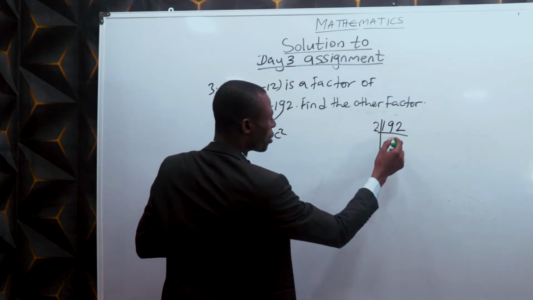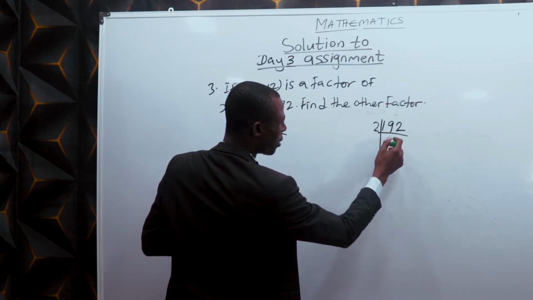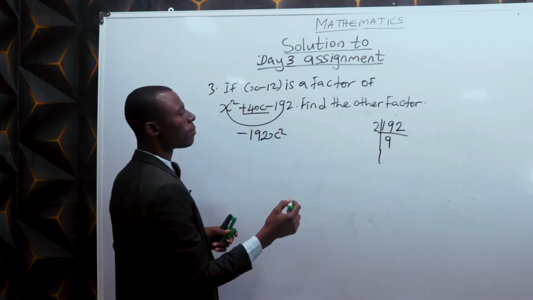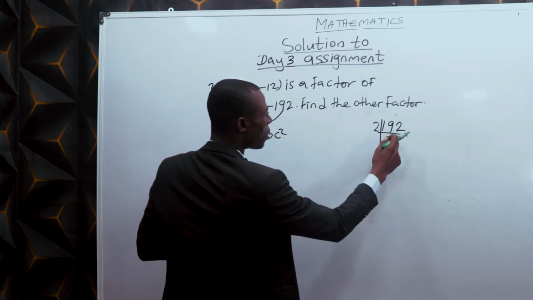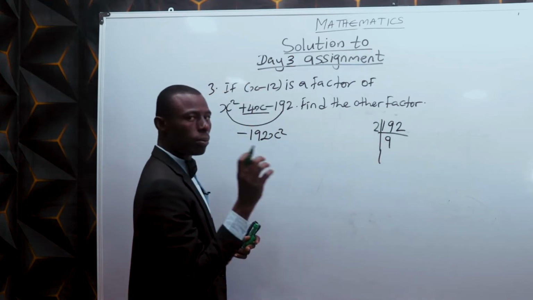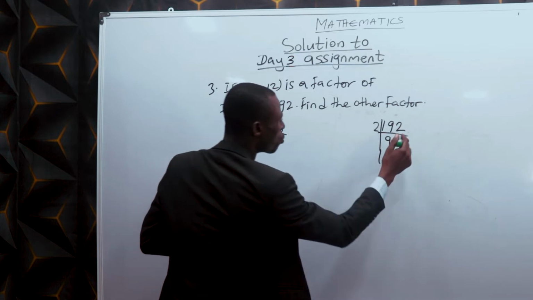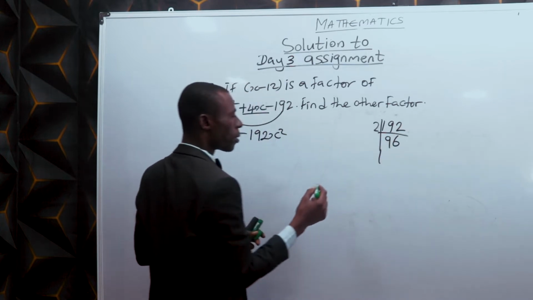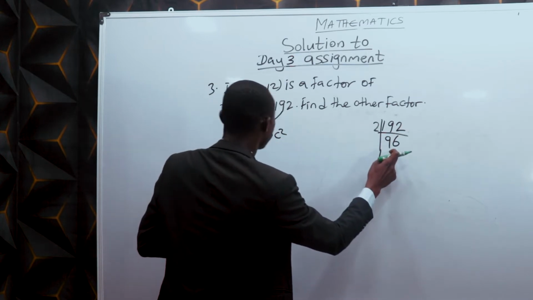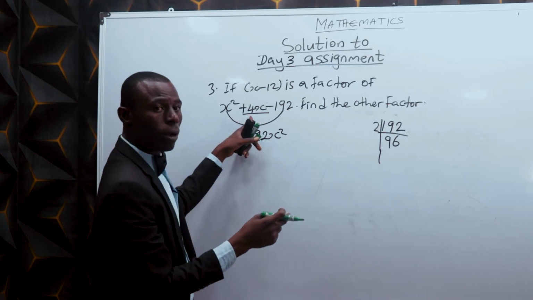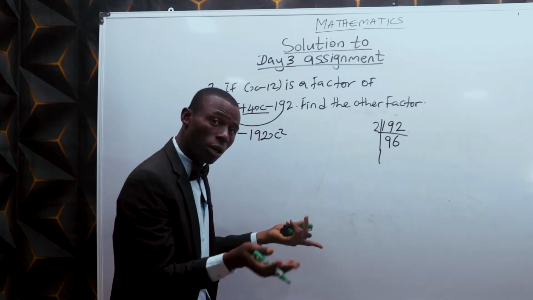2 in 192, 2 in 19, that's 9. Remains 1. Use the 1 with 2, giving you 12. 2 in 12, 6. Can 2 and 96 give us positive 4 by addition or by subtraction? It's not possible.